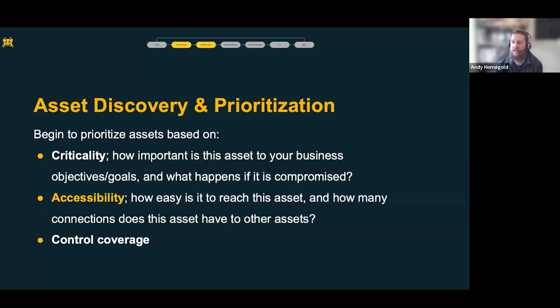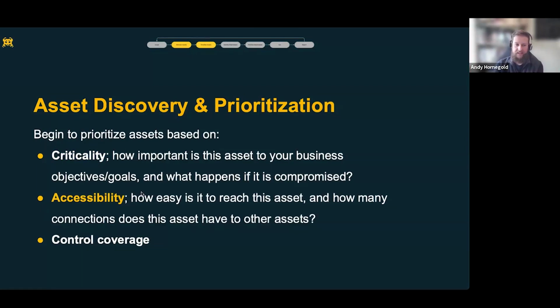Is it only an internal asset? How many connections does that asset have to other assets within my organization? So what that means is if I compromise one system, can I move from that system to anywhere within your organization, or can I only access a very limited subset of your organization or of your network?